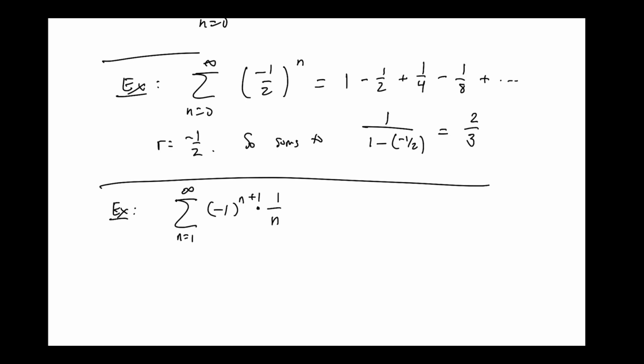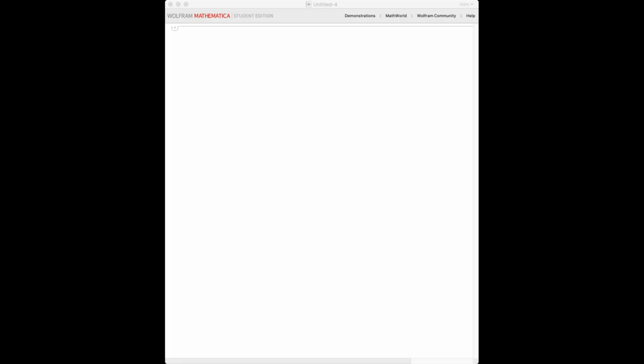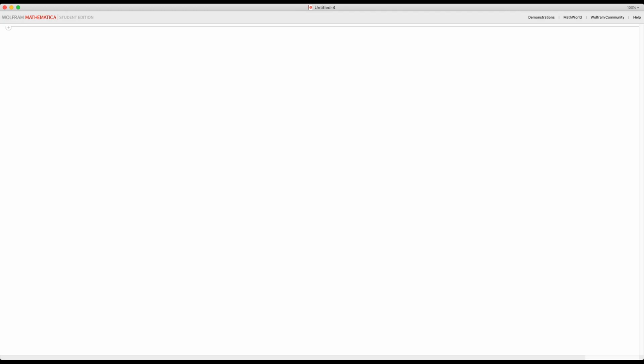Well, why don't we do a little bit of Mathematica futzing around. That's a technical term. So let me switch the input to Mathematica, and let me blow it up so that you can see better. What I want to do is start to look at partial sums of this series.